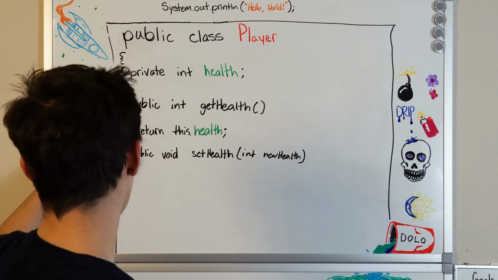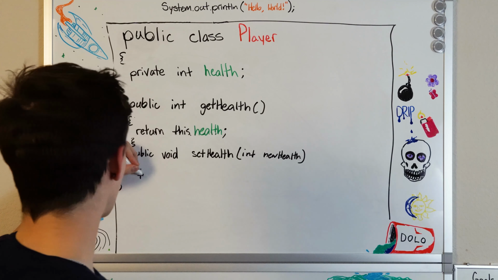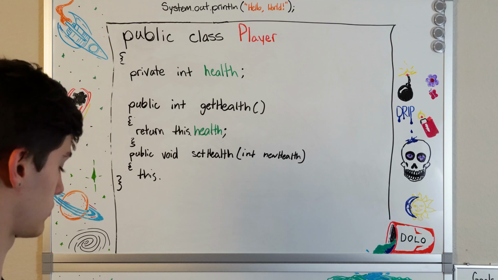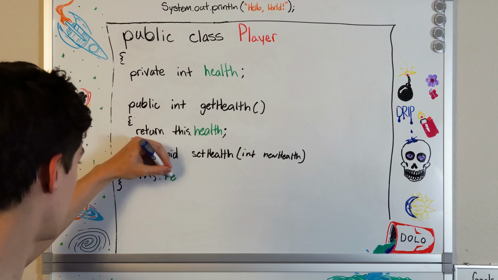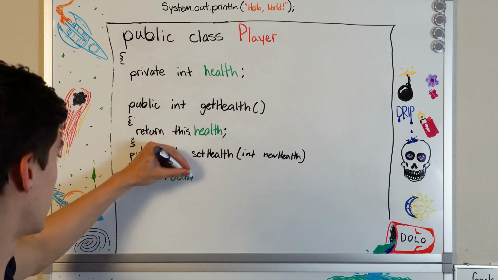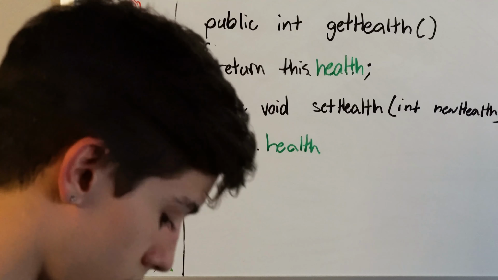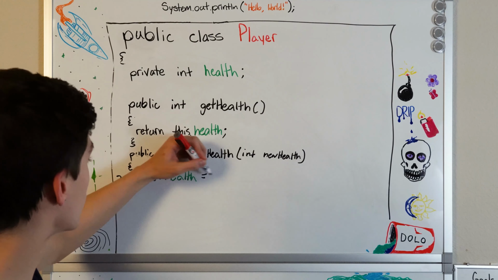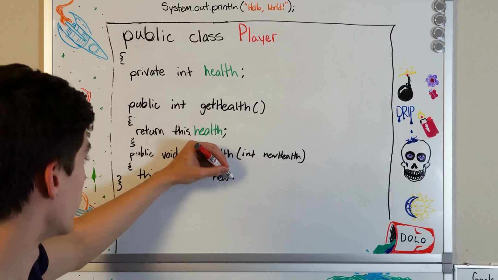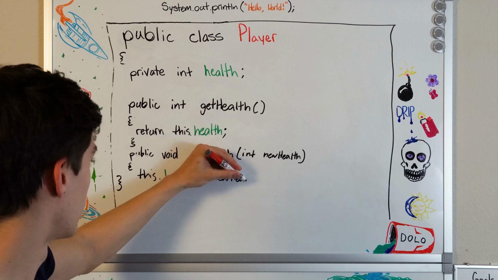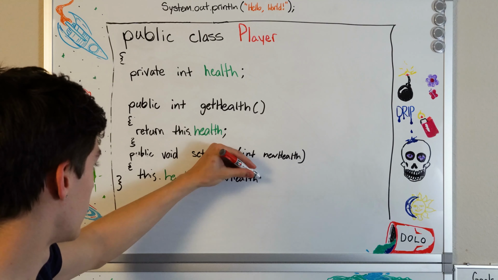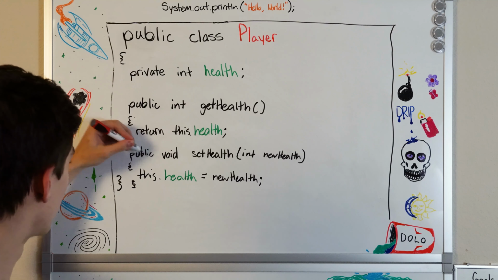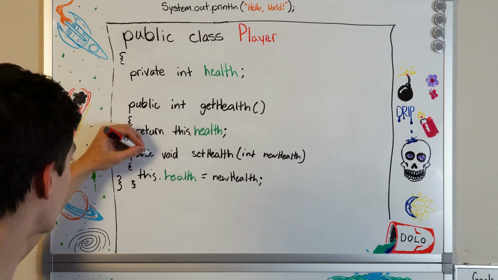Open it here, and we're going to write this dot health equals new health. And then we close it here, make that look pretty.